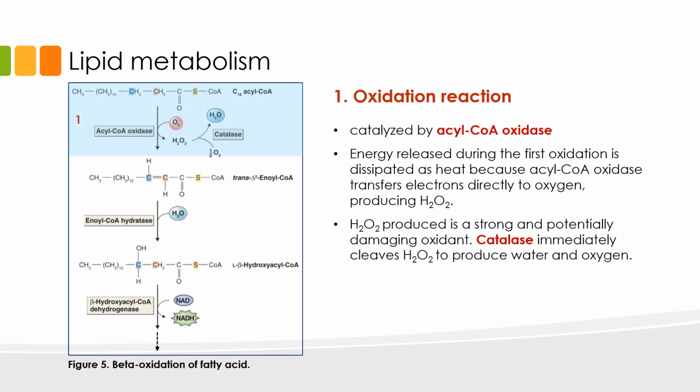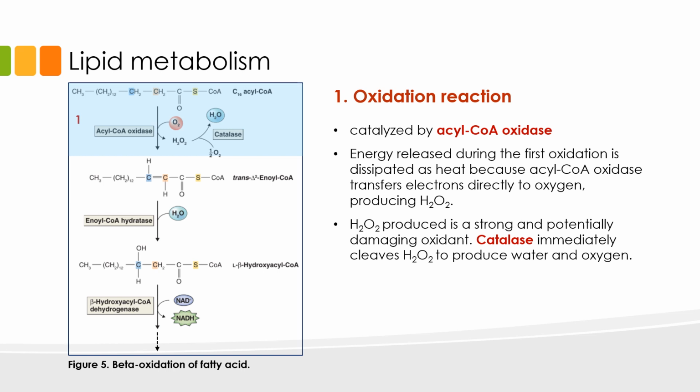Let's look at the enzymatic reactions involved in the actual beta oxidation process. There are four reactions involved in beta oxidation, and these are oxidation, hydration, dehydrogenation, and oxidation reactions. The first oxidation reaction is catalyzed by the enzyme acyl-CoA oxidase.